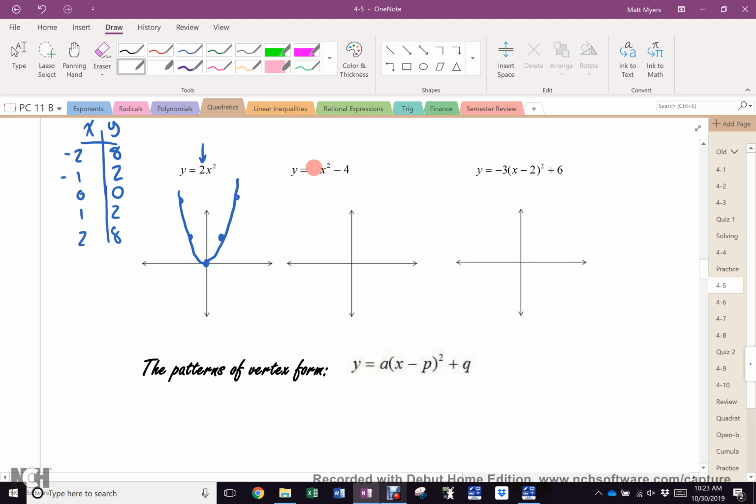If there was no A there, how would we graph that? Where would our vertex go? No, there's no brackets. 0. That was where we would start if there was no 4 there either.